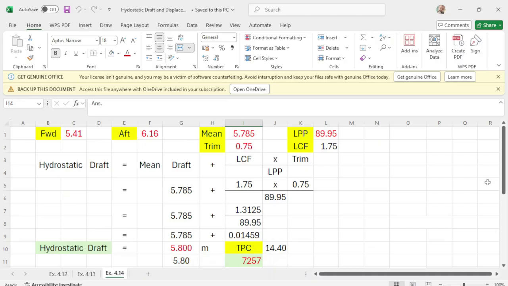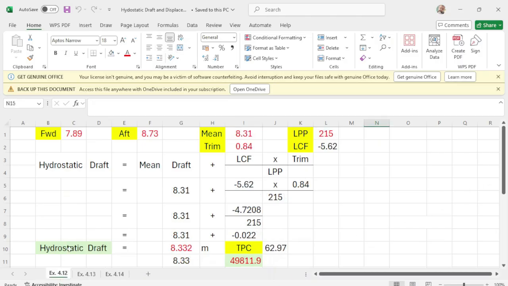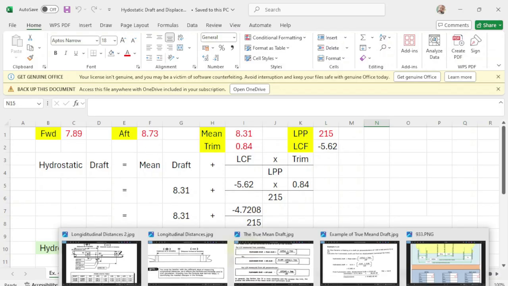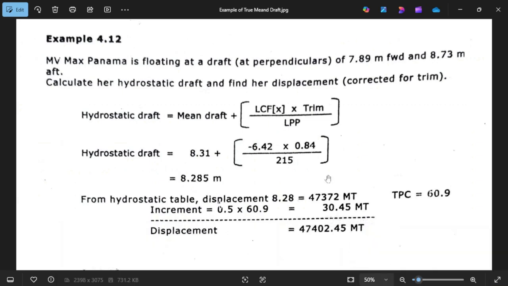Aft is 8.73. And take note of the mean drop, which is 8.31.